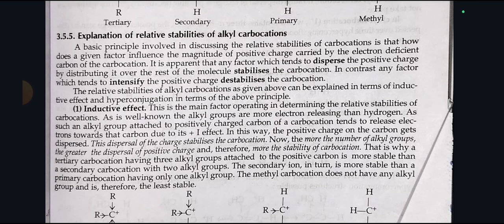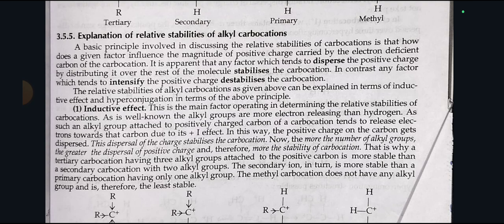3.5.5 Explanation of relative stabilities of alkyl carbocations. A basic principle involved in discussing the relative stability of carbocations is how a given factor influences the magnitude of positive charge carried by the electron deficient carbon of the carbocation.